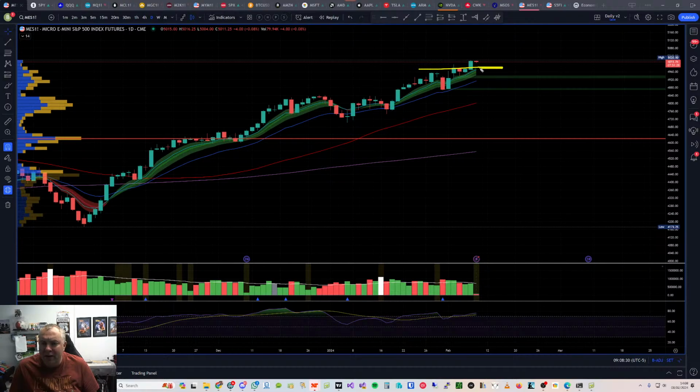So as you can see, it's quite clear on the daily. If we pull back into that area, then we can watch for a potential up bounce for an uptrend entry again, and then we've got a few areas on the daily to watch for as well. When will it reverse, or what to look out for? Well, we need it to break the 20 moving average, which it hasn't done since November.